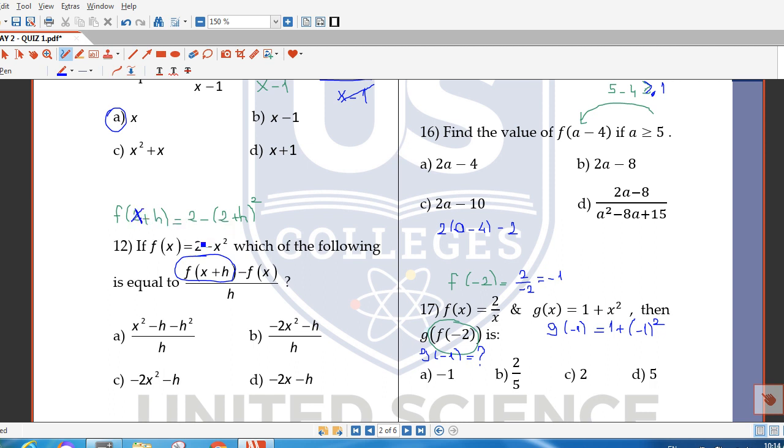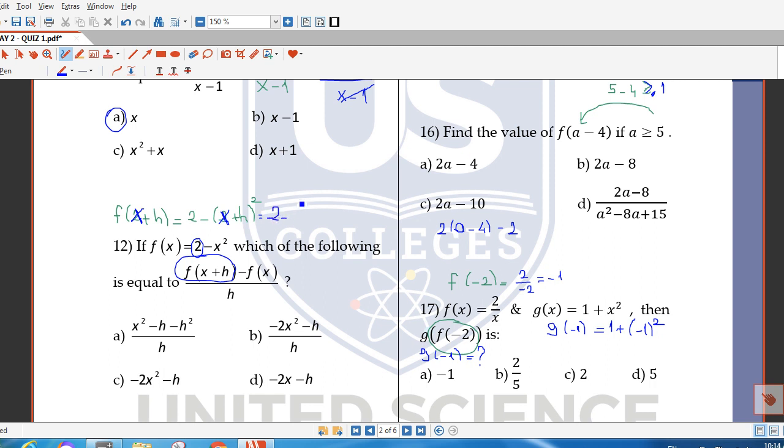So 2 minus x plus h to the power of 2. Be careful, there is a minus sign, so your first operation is expanding the square, then subtraction if it exists.